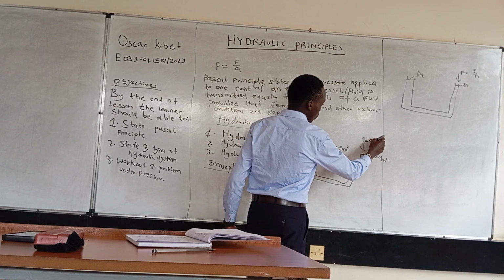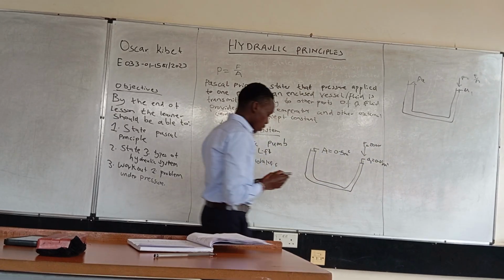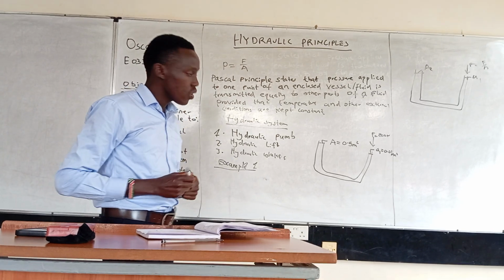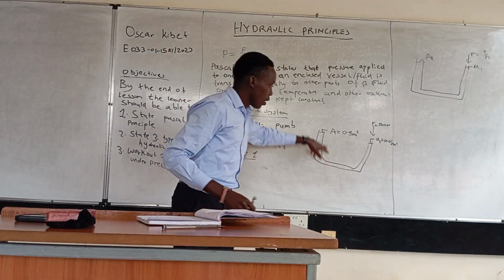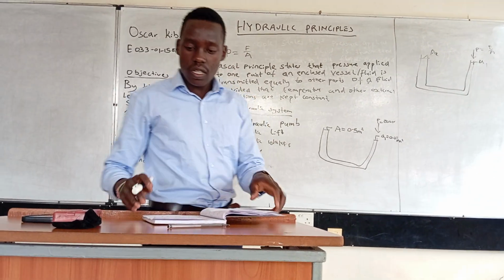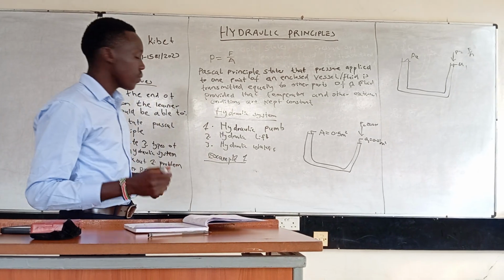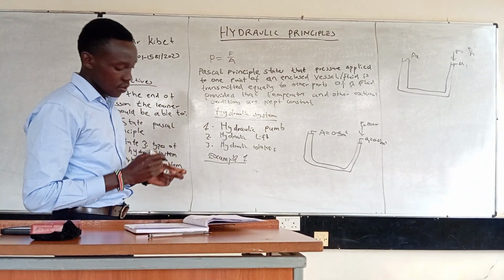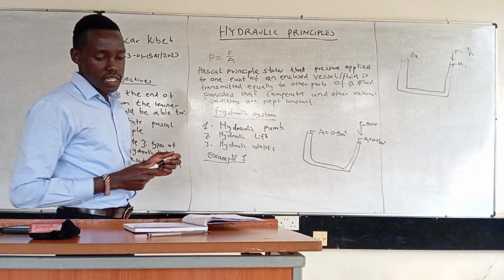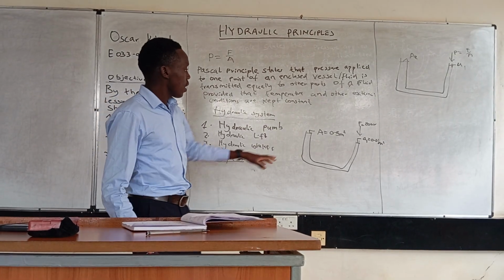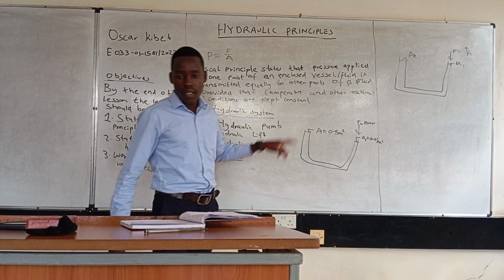The question is asking that we calculate the pressure transmitted to the fluid. We are supposed to determine the force exerted by the fluid on the larger piston. And the last question is the maximum weight this lift can hold.